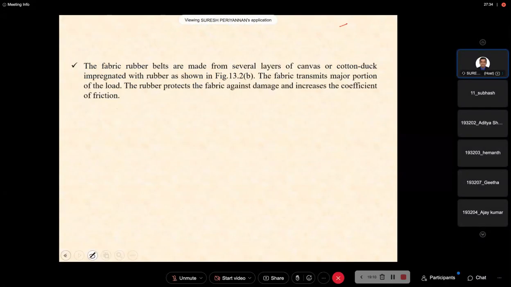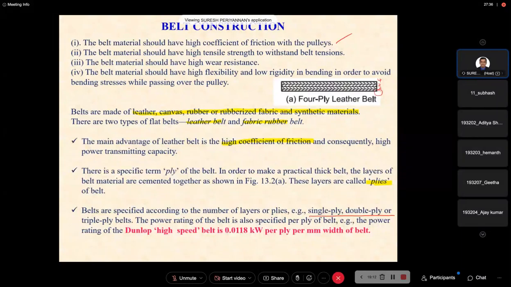Now the belt along the cross section is what we are seeing. This is the belt in a 3-dimensional view. Each layer is rated 0.0118 kilowatt per ply, and per mm width along the thickness.